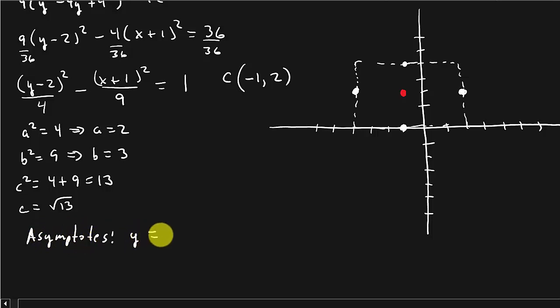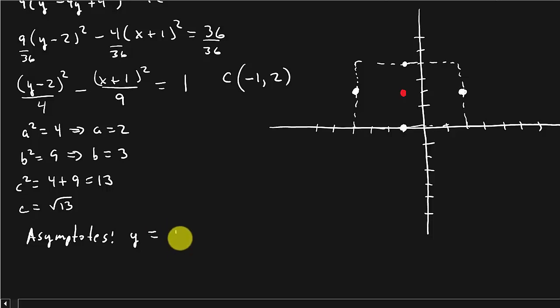So that's going to be y equals what? All right, so this one's a little different, isn't it? We've got to look at our center. The center is not 0, 0. So it's going to look a little different.